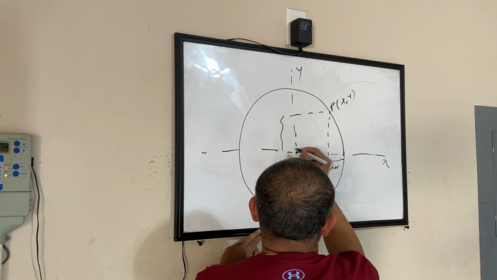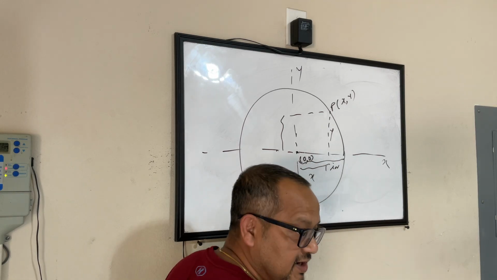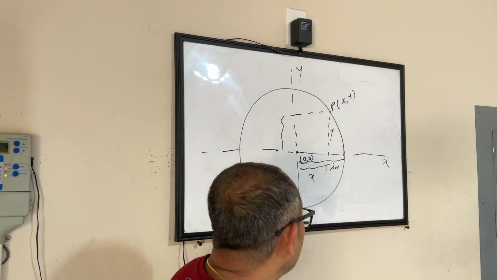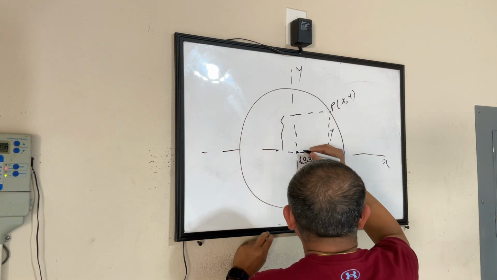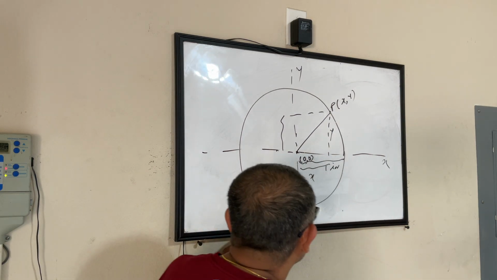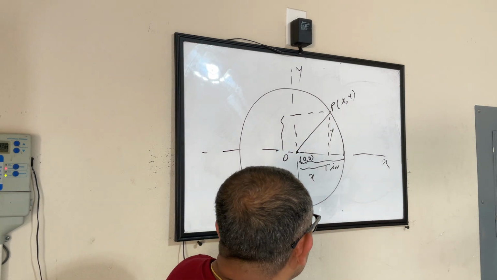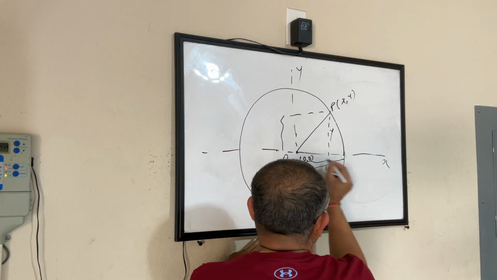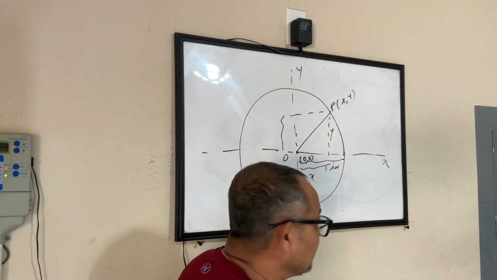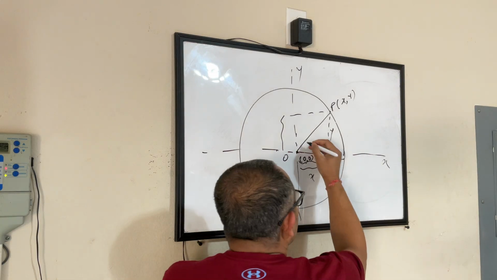So this length will be my y coordinate and this length will be my x coordinate, correct? Let me join these 2 points. This is, let's say, O and this is point P. Now, I see that this line is making some angle with the horizontal or the x-axis. Let's say this angle is theta.